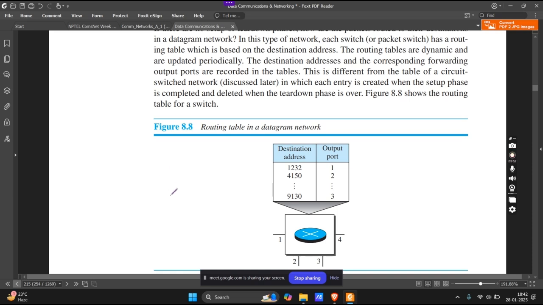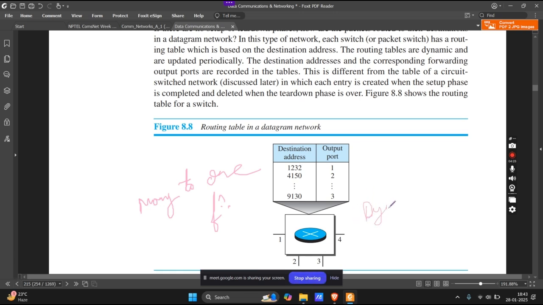Now, since this is a many to one function, how does the switch know which port to output from? Well, that is dynamically changed. Each time the data gets transmitted, finally it will see the shortest path and it will update the routing table dynamically.